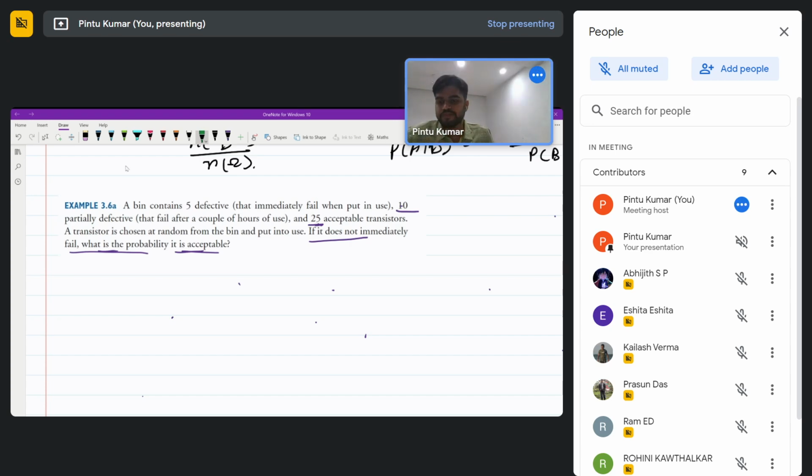So let's say you define 3 events. The first event is that your transistor is defective. Second is that your transistor is partially defective. And the last one is that it is an acceptable transistor.